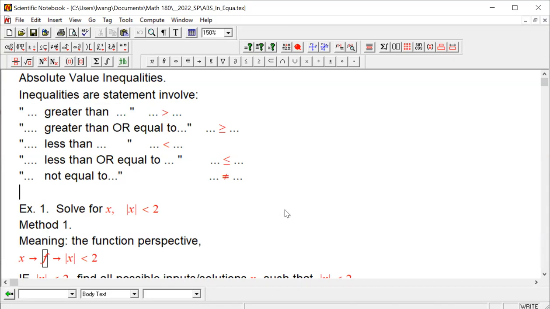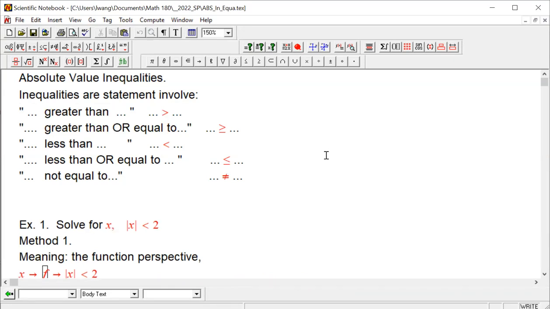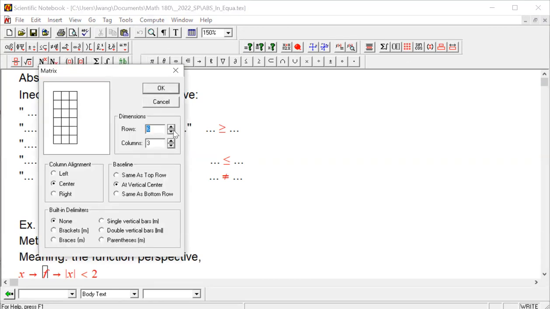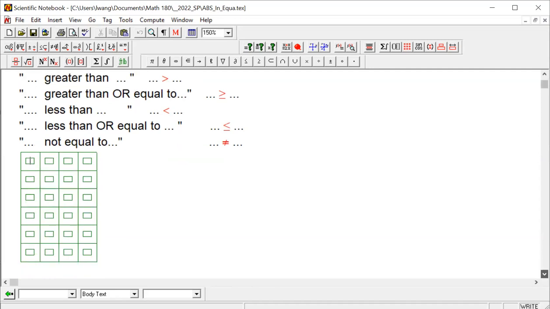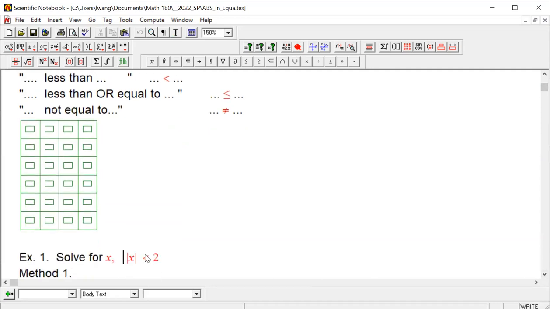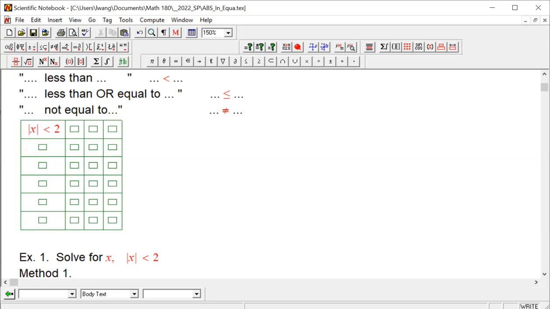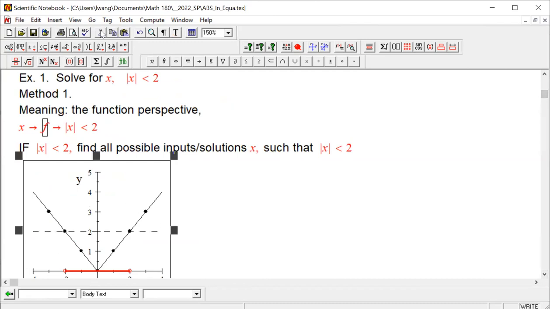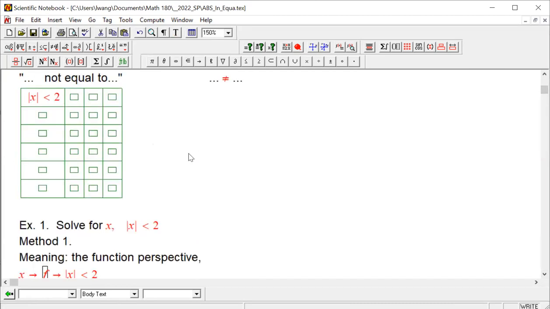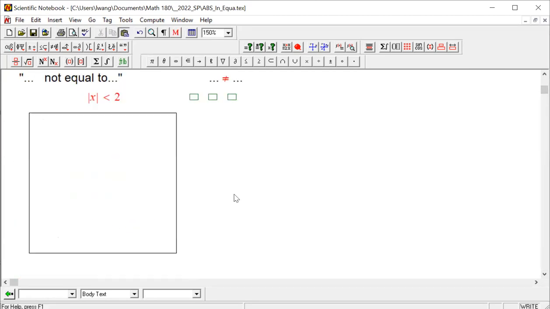So in our summary, I'm going to make some columns. The first case, of course, is the most commonly seen case, less than 2. The absolute value is less than 2. The function perspective.